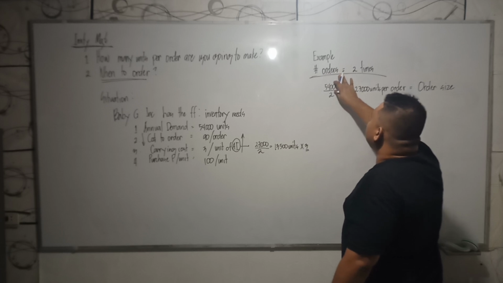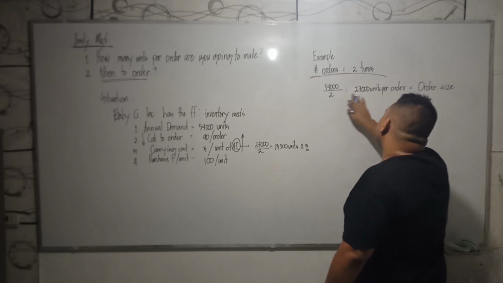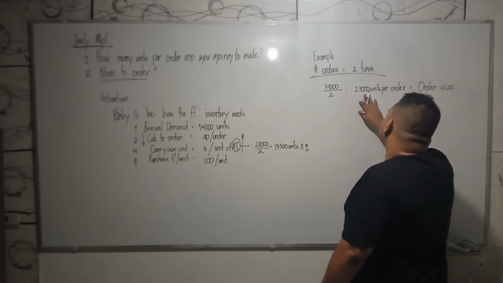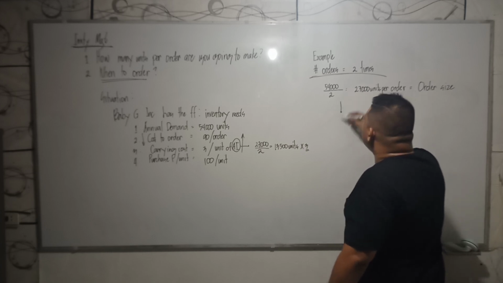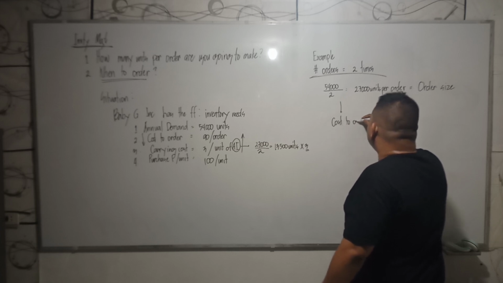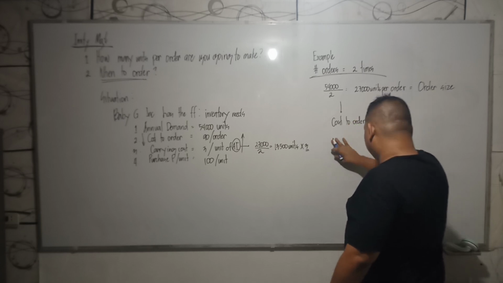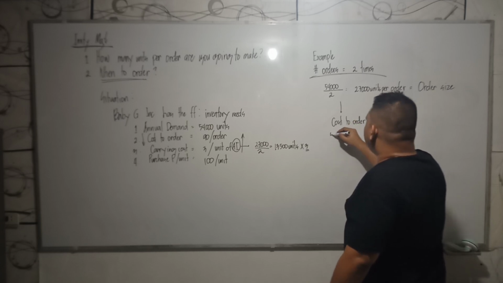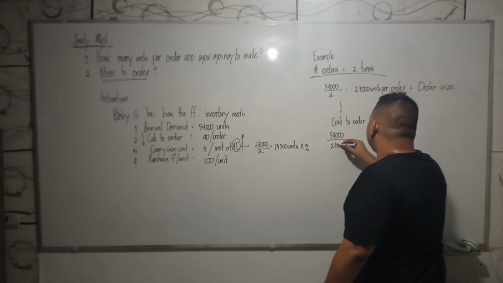So what will happen if this is your decision? You decided that the number of orders for the 54,000 annual demand is only 2 times. So you have to order 27,000 units per order. What will happen to the cost to order? It's easy. You have 54,000 annual demand divided by 27,000 per order.